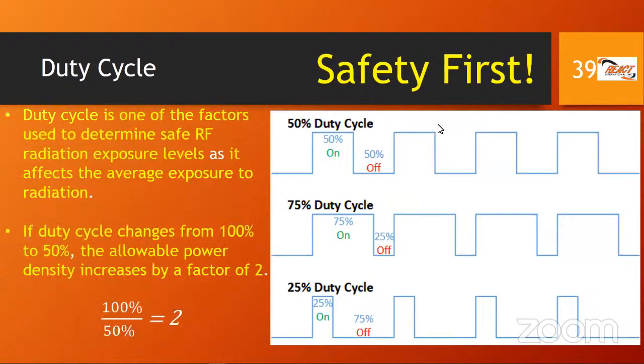All right, so it is also related to the maximum permissible exposure limits, folks. Duty cycle is one of the factors used to determine safe RF radiation exposure levels, as it affects the average exposure to radiation. It's kind of like, if I go into the sun and spend 1 hour, wow, I will fry, I will burn.